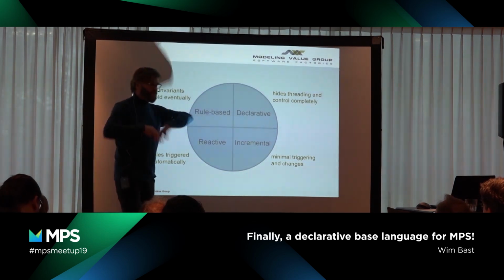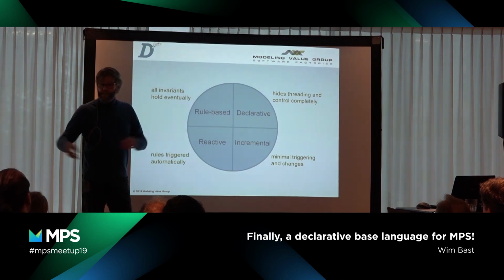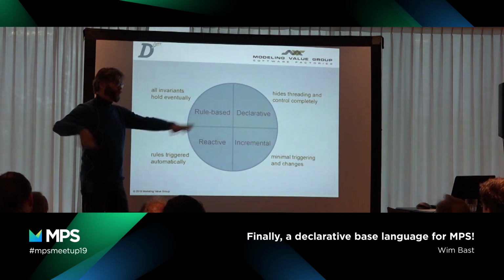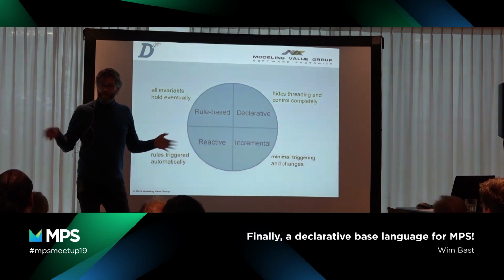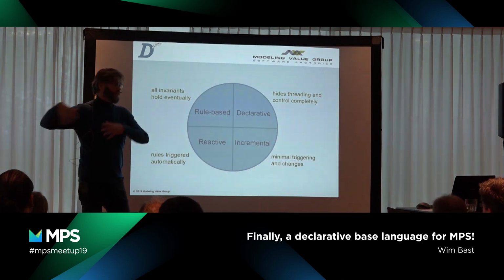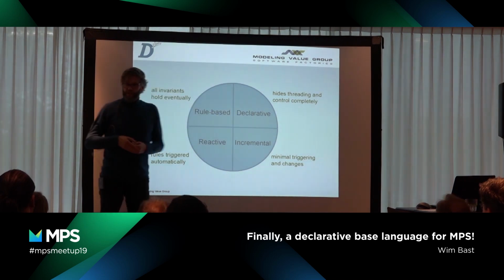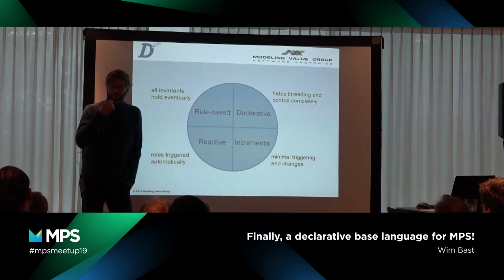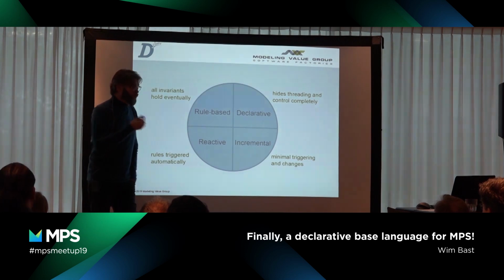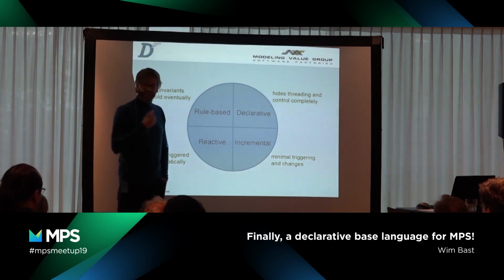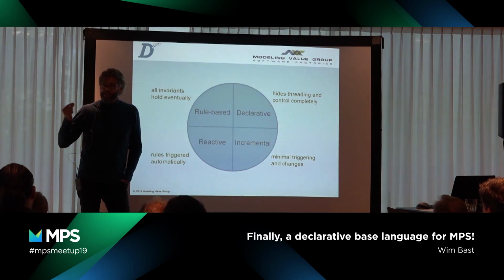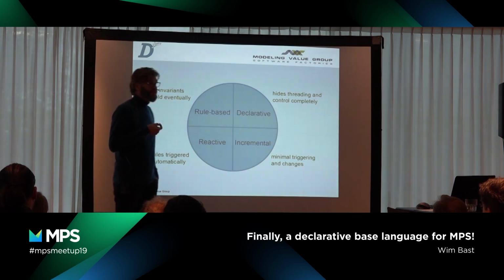It's declarative, it abstracts completely away from threading. Actually, it's run on multiple cores, but you don't have to think about it, because we separated that from the semantical aspects of the language. It's incremental, meaning that you have a minimum amount, but not less and not more, of rules that are re-triggered if the world is changing. And the world is only changed for those parts that really need to be changed.